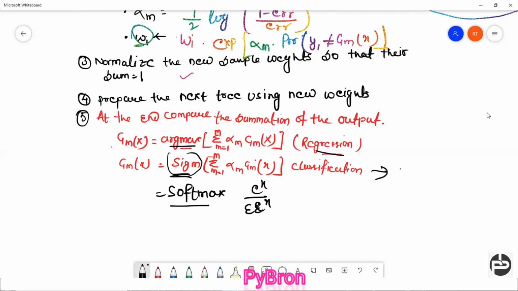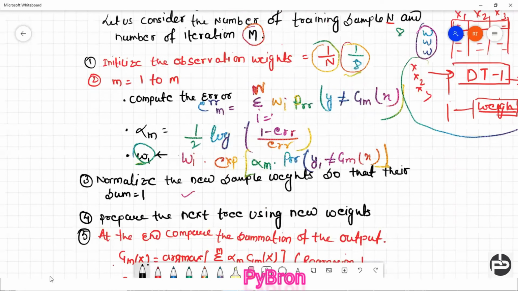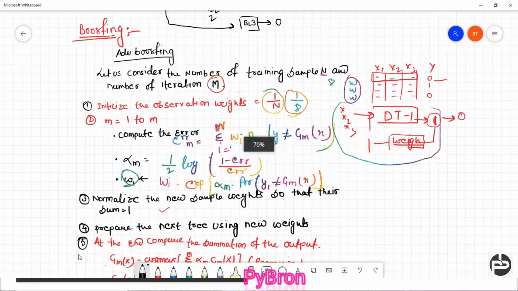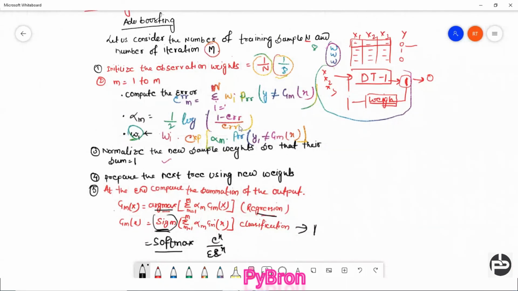Suppose the output is correct or not correct, in the next iteration again we will change the weight, and again complete the steps 1 to 5: initialization, then iteration, and predict the output. This will happen till the m-th iteration. So like this the AdaBoost algorithm works.